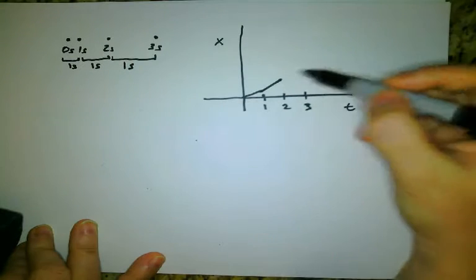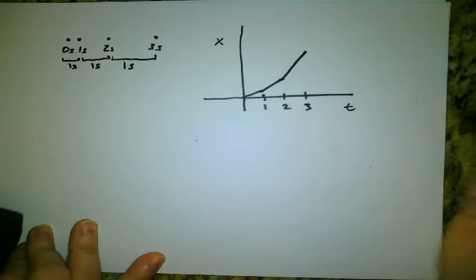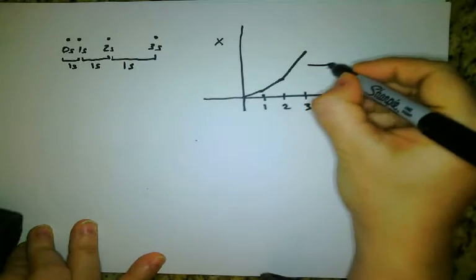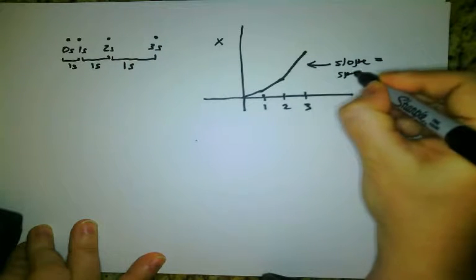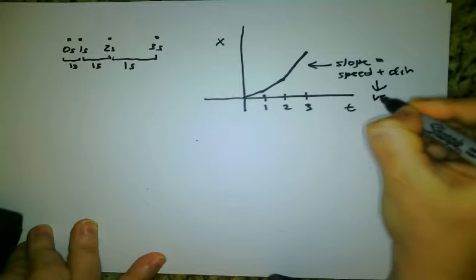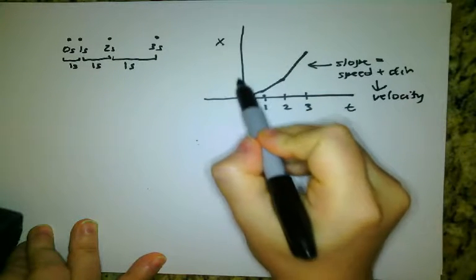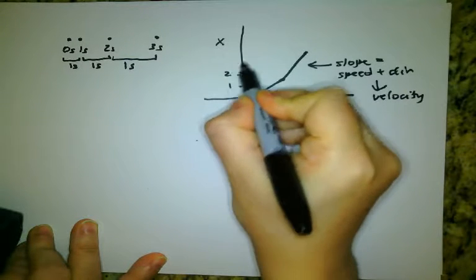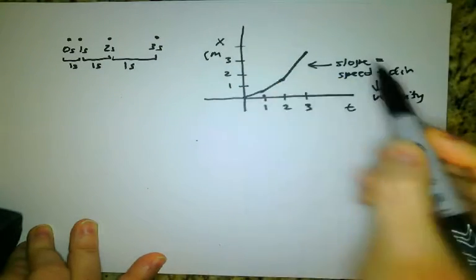And then finally, during the third second, it moves even faster, so the slope is really getting bigger. And I know I drew kind of straight lines here just to show you, but I want to emphasize that slope means speed and direction. And that's basically velocity. Okay? So in this case, it's moving to the right, so the position numbers are increasing. So here would be 1 meter, 2 meter, 3 meter, this is in meters, 4 meter.